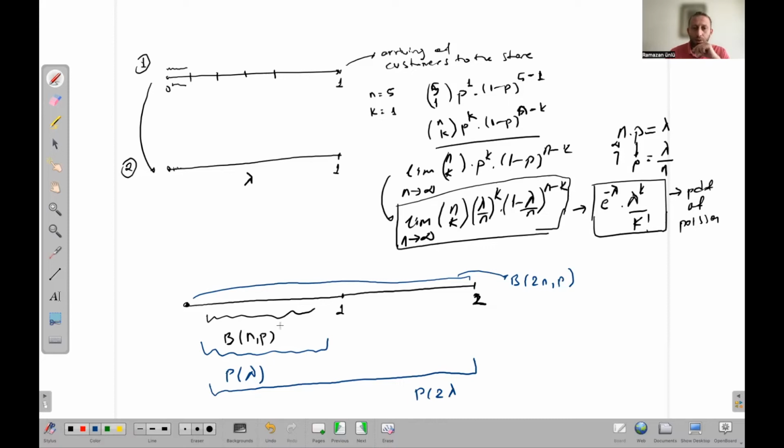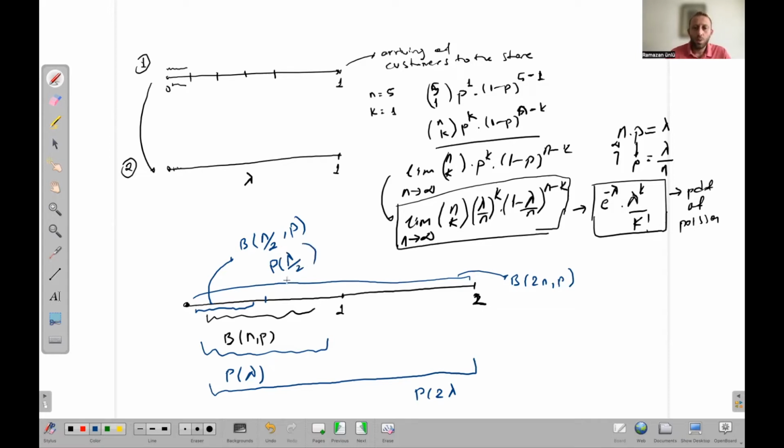Also, I can shrink or contract the time interval, like let's say this part. This is a binomial distribution with n divided by 2 and p parameters. And I can approximate this binomial distribution to the Poisson distribution with lambda over 2.